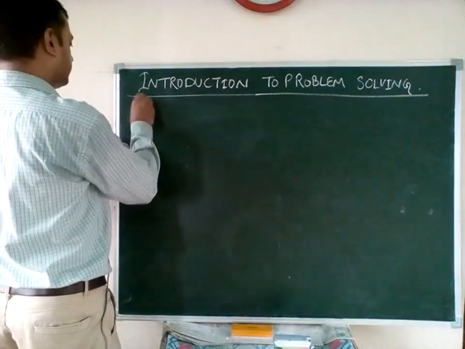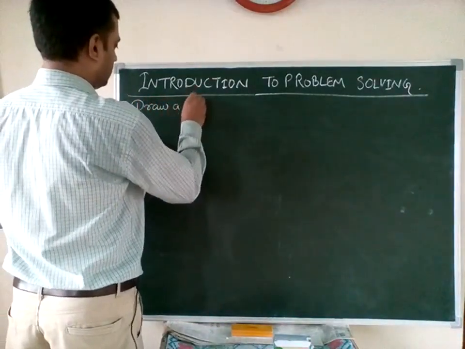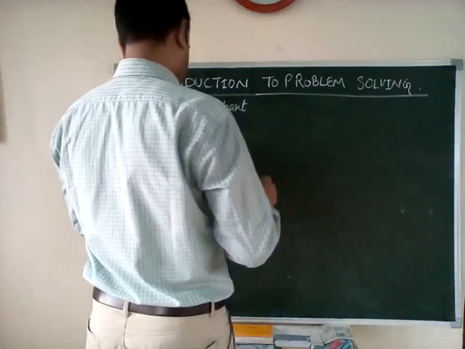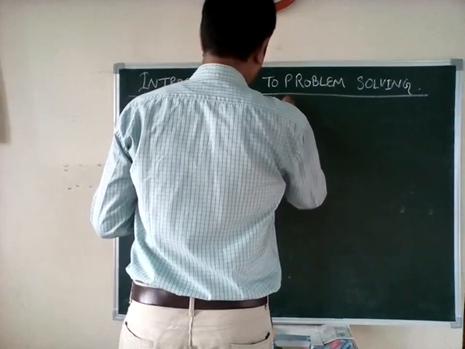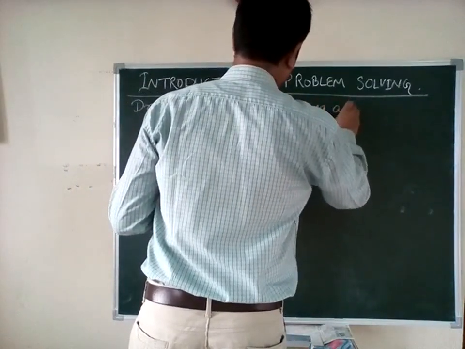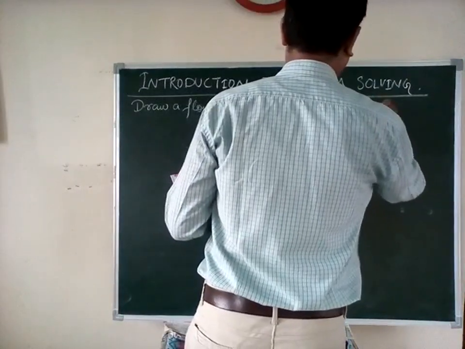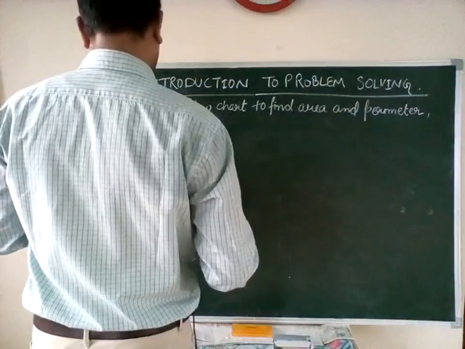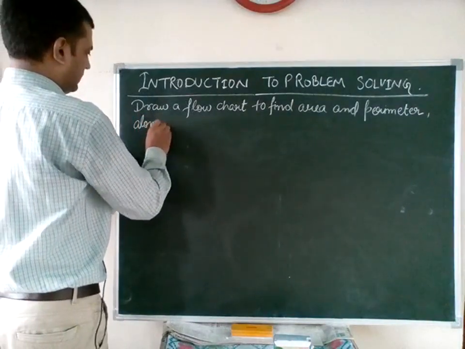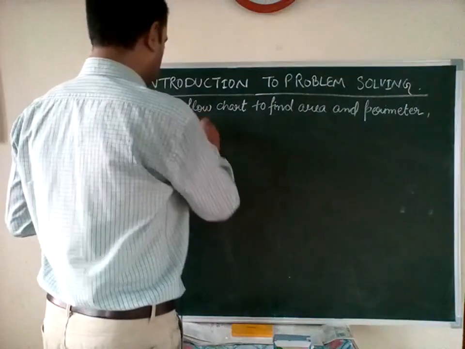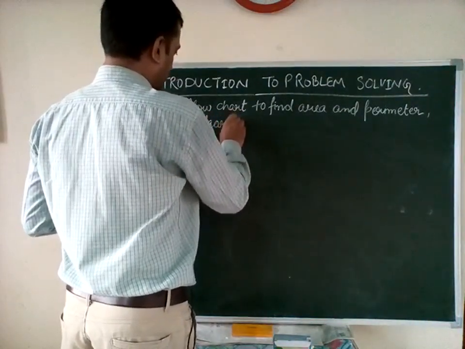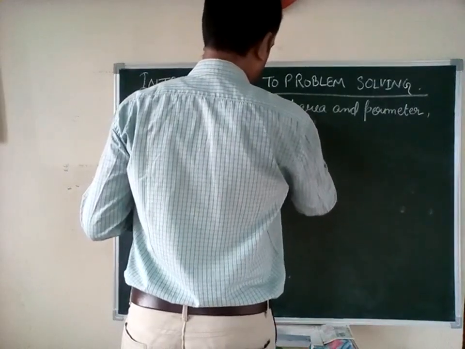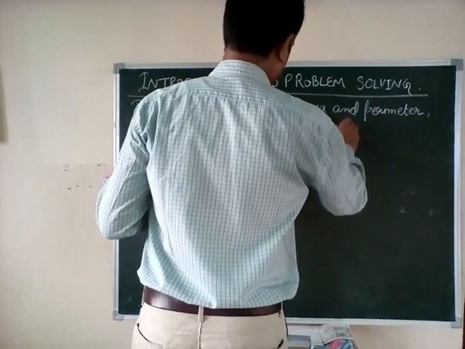Draw a flow chart to find area and perimeter along with algorithm in simple English.